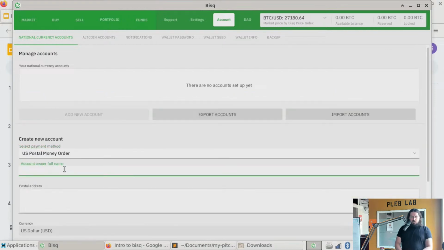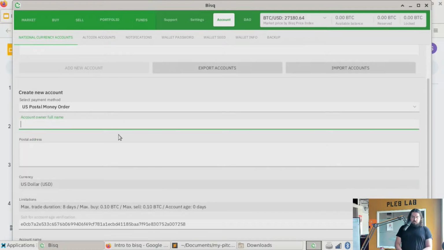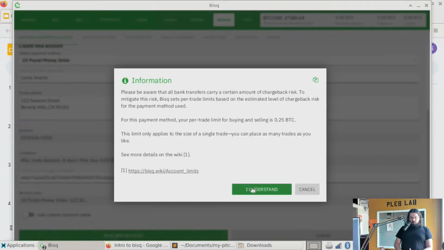Then you have to write in a name, which doesn't have to be your real name. So I will use a fake name, Lenny Kravitz. You have to give a postal address, and I will do 123 Sesame Street, Beverly Hills, California 90210, because it doesn't have to be real info. Everything on Bisq is anonymous anyway. So we're going to save that new account.